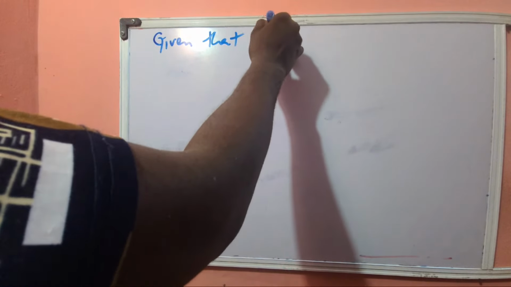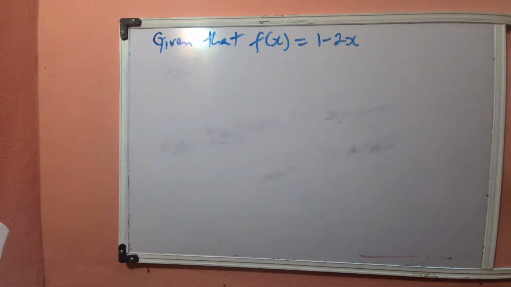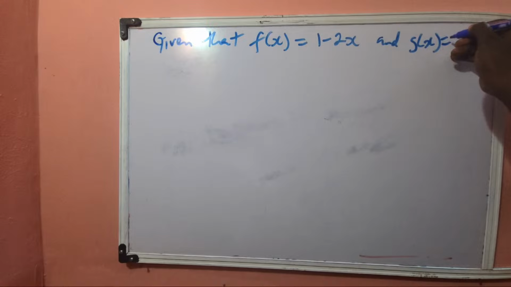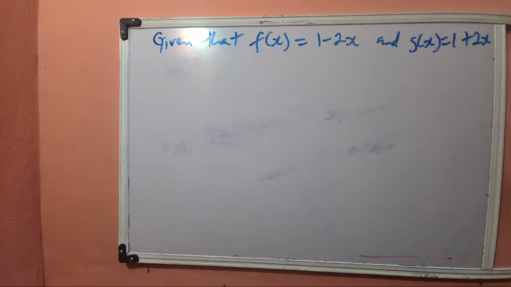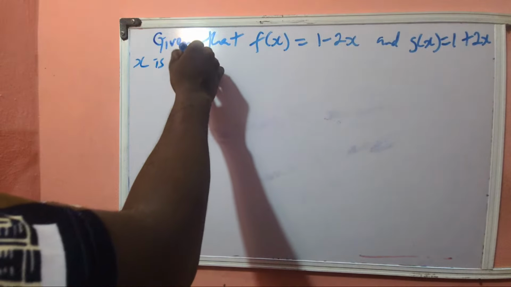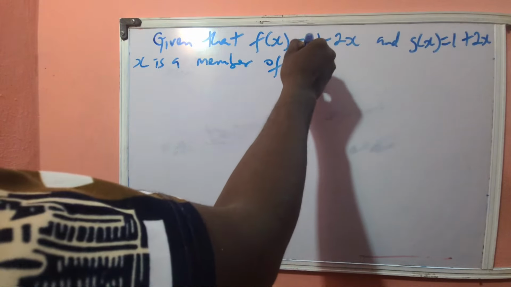Given that f of x is equal to 1 minus 2x, and g of x is equal to 1 plus 2x. Now we're told that x is a member of real numbers.